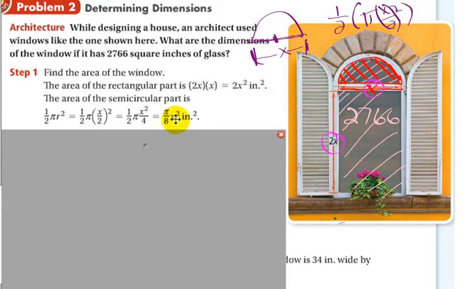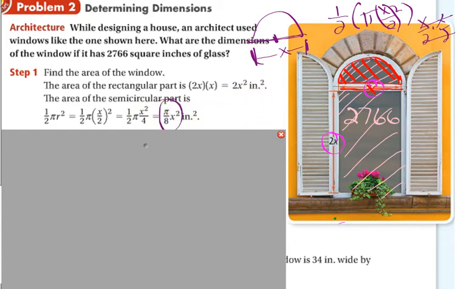That's radius squared. So if the radius is x over 2 and we square that, what do we get? X over 2 times x over 2 is x squared over 4. So there it is right there. So the semicircle is going to be 1/2 pi x squared over 4, or multiplying those together, you've got pi over 8 x squared.